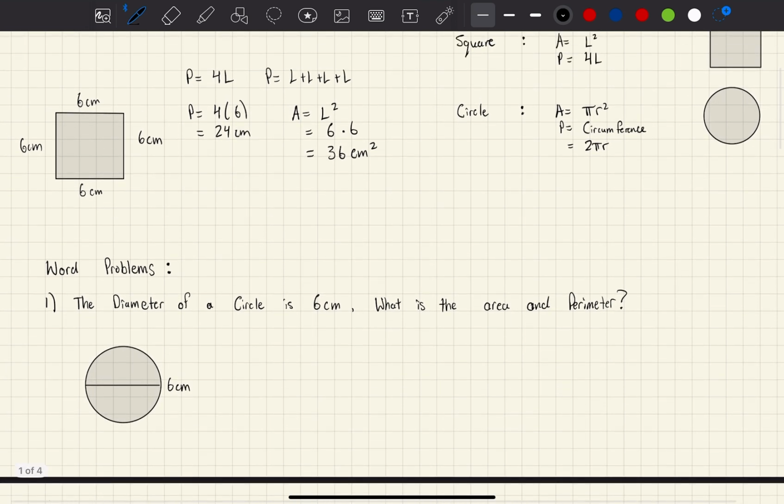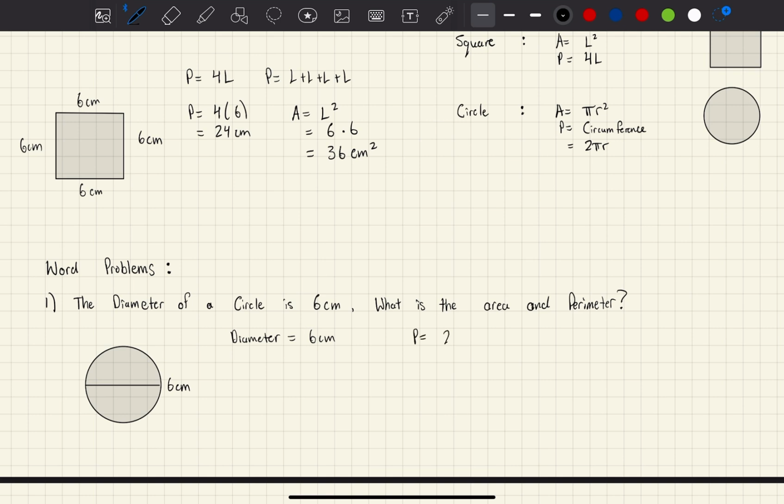So our first example is asking the diameter of a circle is 6 centimeters. What is the area and the perimeter? Okay, so we know that the diameter given below is 6 centimeters. So our first step, we can take both of our formulas. Maybe we can write those down first.